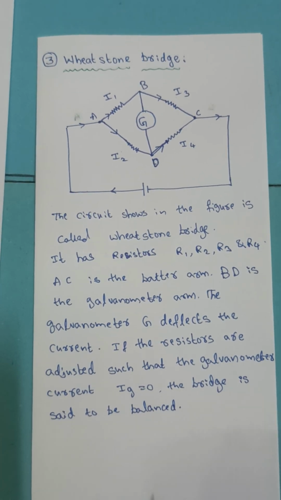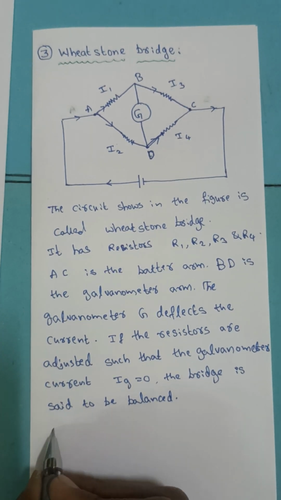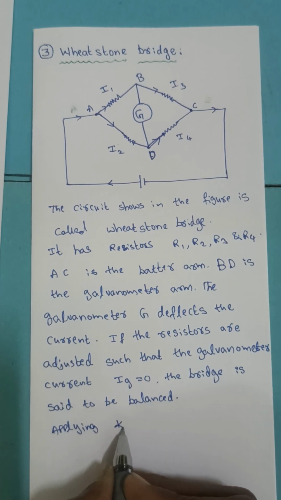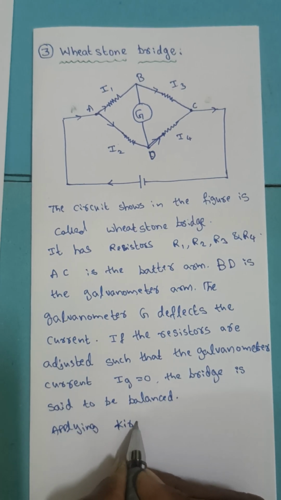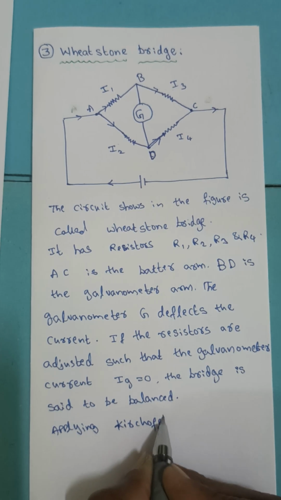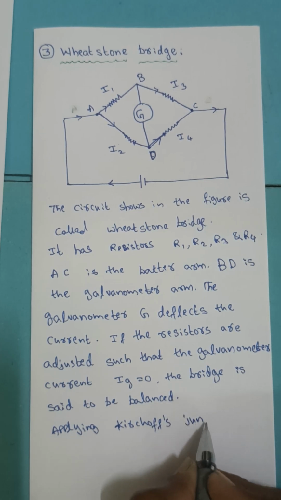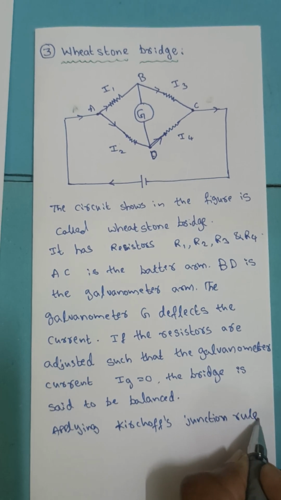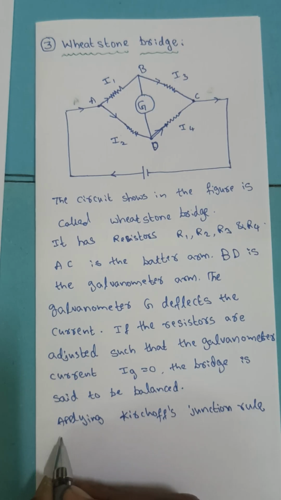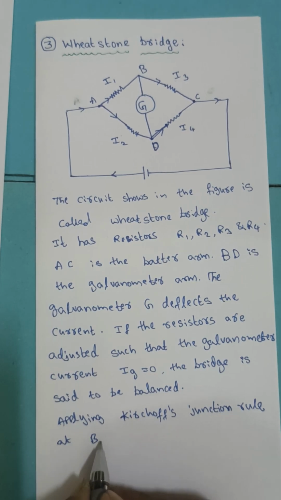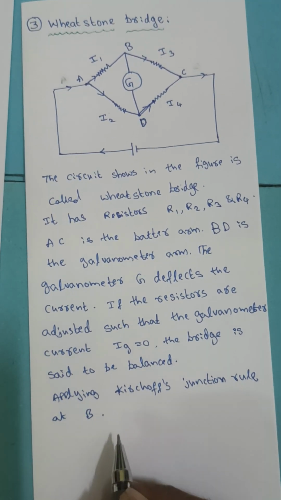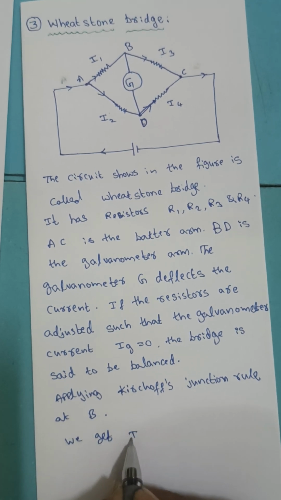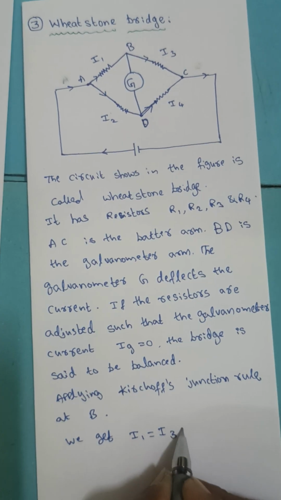Applying Kirchhoff's junction rule at B, we get I1 is equal to I3.